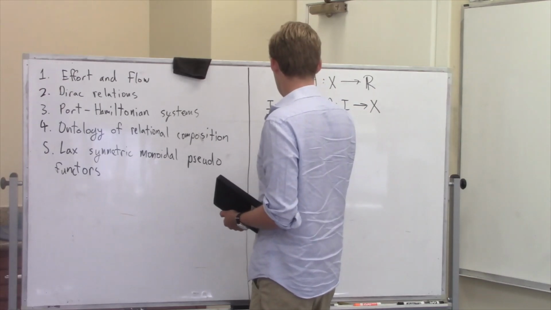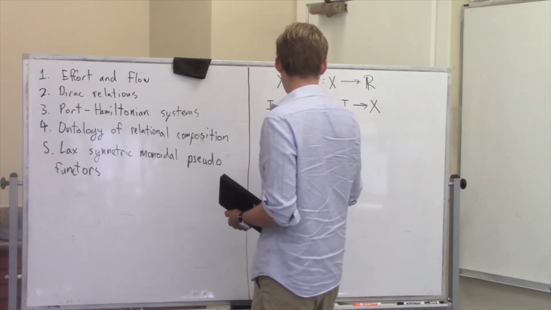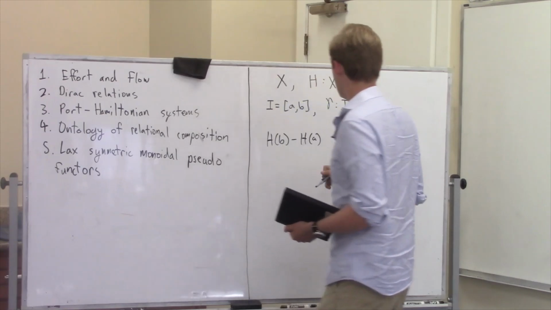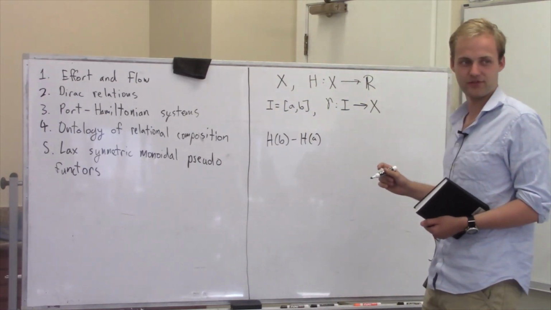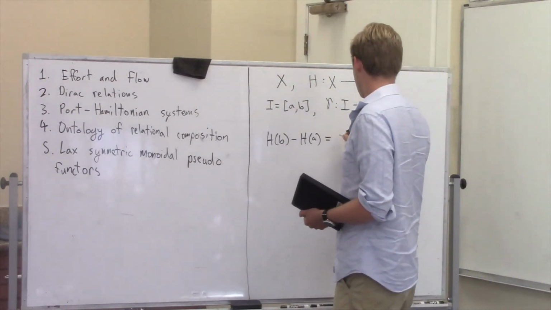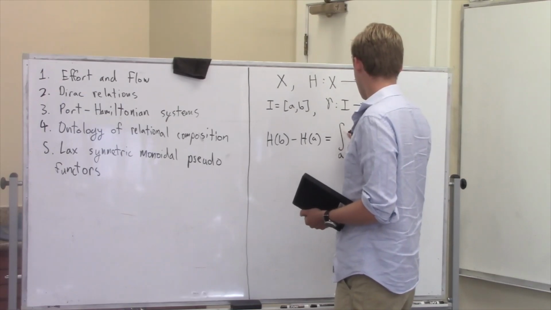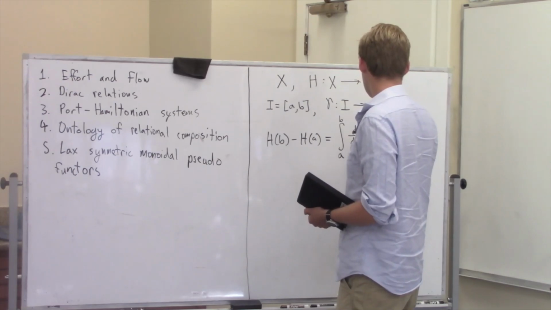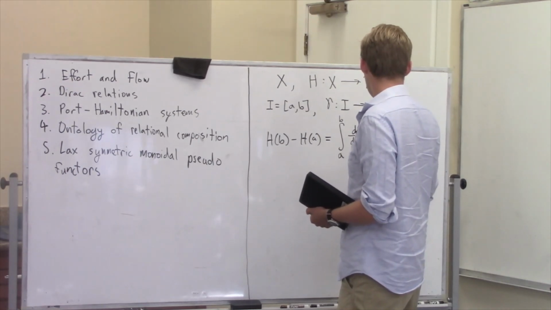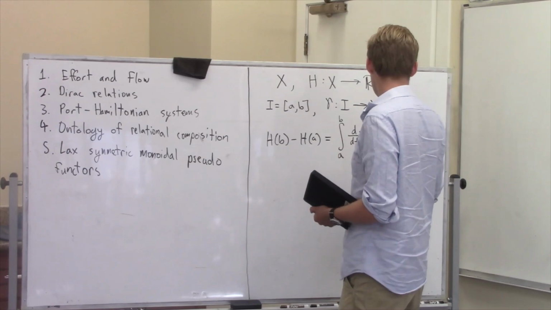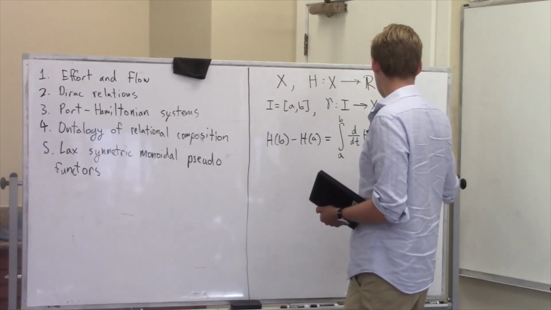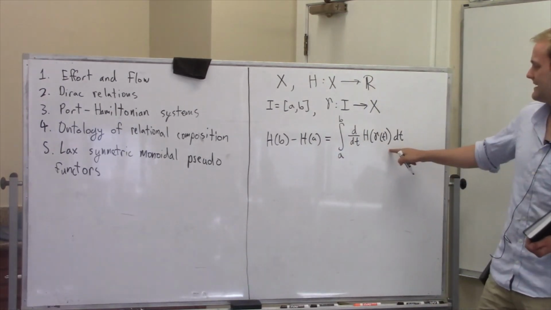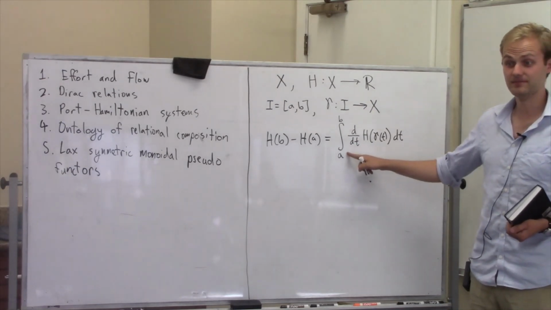So H of B minus H of A, from the fundamental theorem of calculus, this is the integral from A to B of d dt H of gamma t dt. This is like the instantaneous change of energy.